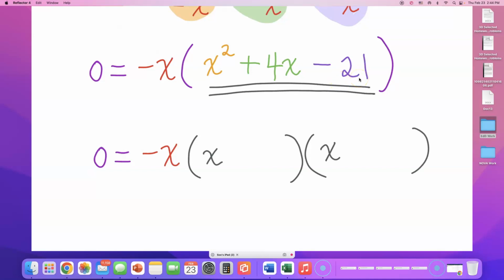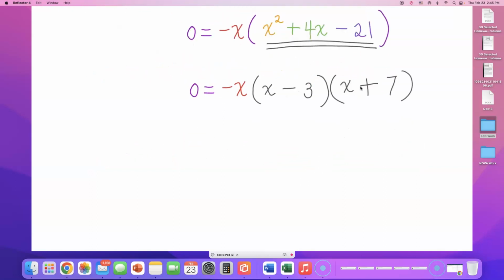What times what is 21? Do you agree with me if I say 3 times 7, right? Not only is 3 times 7 equal to 21, but if I make the 7 a positive and 3 a negative, I can do 7 minus 3 and get that middle 4, right? So that's how we can factor that colorful trinomial.